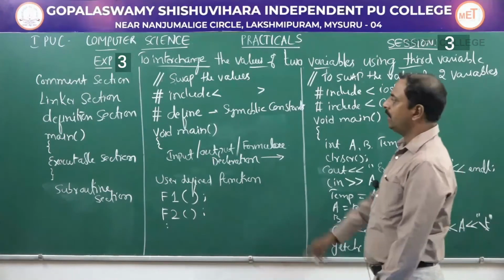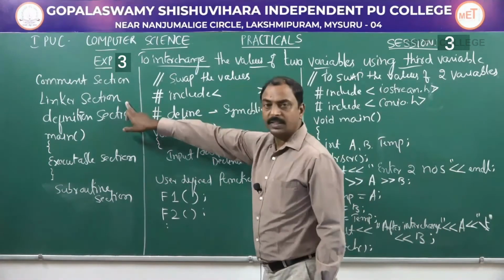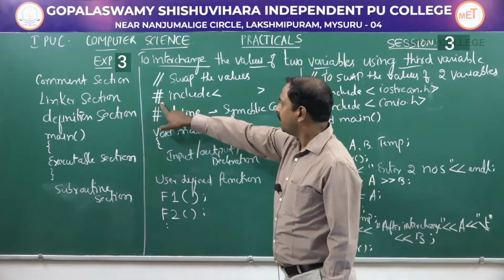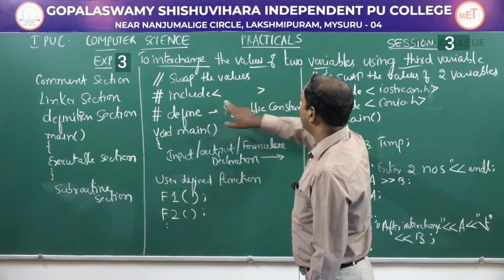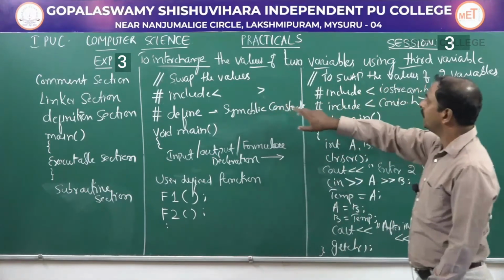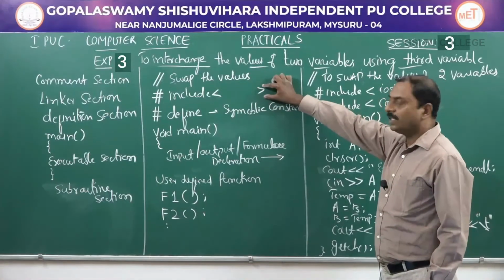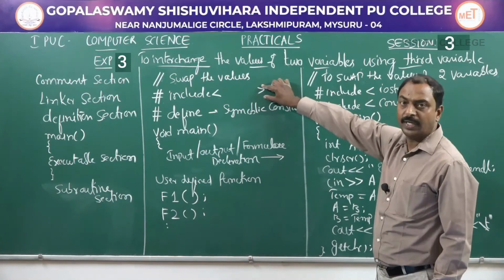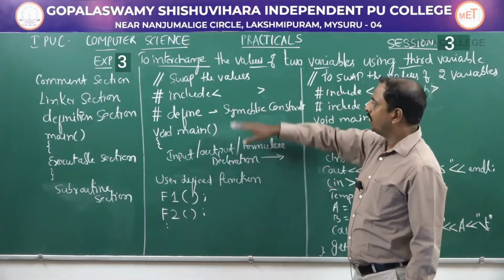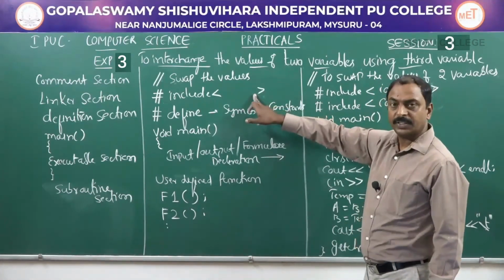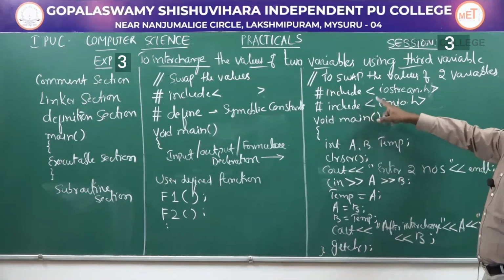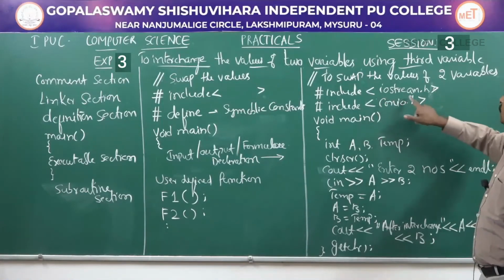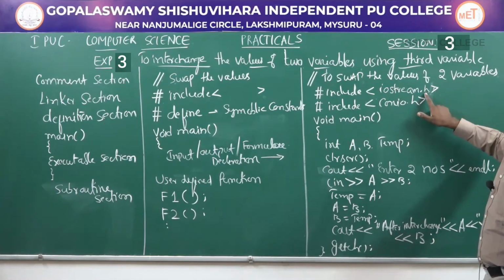The next section is the linker section. This linker section starts with hash include, which is a reserved word, and between the pair of angle brackets we have to write the header files. This linker section helps us to link our program with standard library functions. For example, here hash include, within angle brackets, iostream.h is one of the header files in C++.